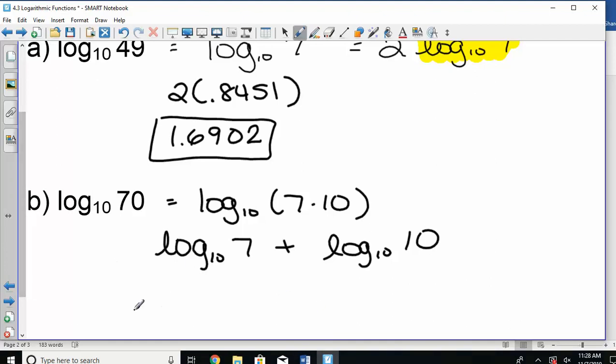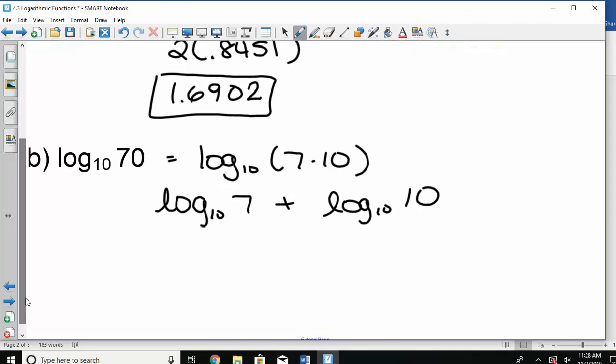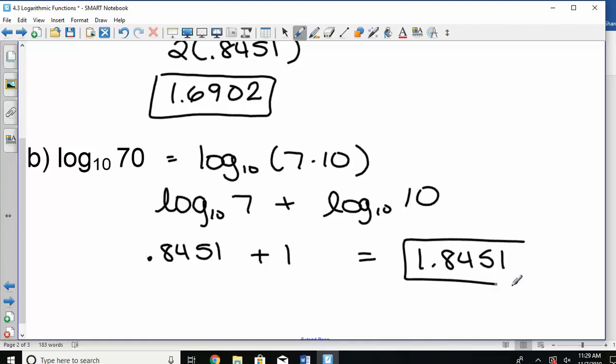Log base 10 of 7, I told you what that equaled. What's log base 10 of 10? 1. Saying 10 to what power equals 10, so that's just a 1. So we get our answer. On these problems, all I'm wanting you to do is manipulate the log to get to the point where you can plug in the decimal. Any questions there?